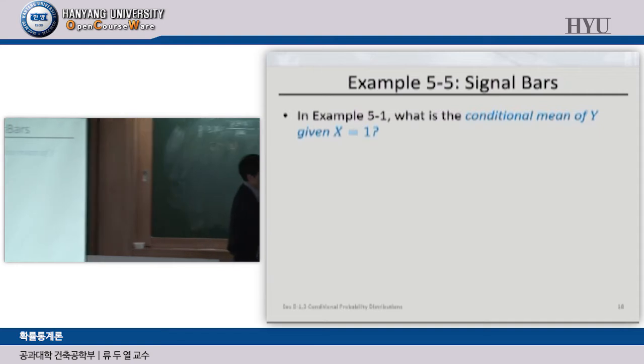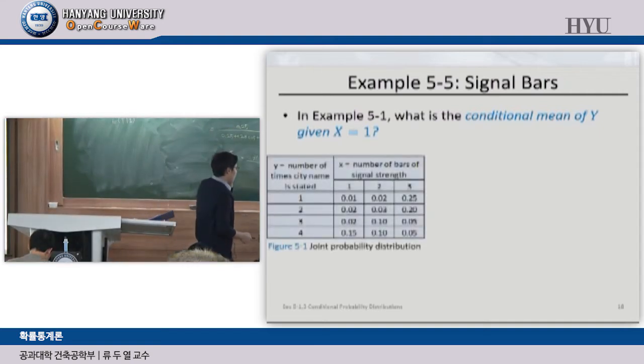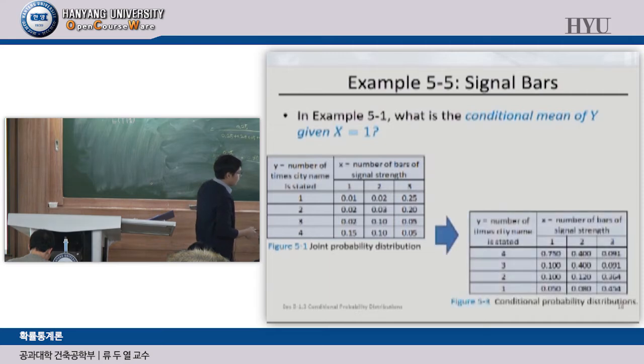Because small x is equal to 1 here, okay? So to solve this problem, we first have to change the joint probability distribution table to the conditional probability distribution table, to calculate these two values here, okay?